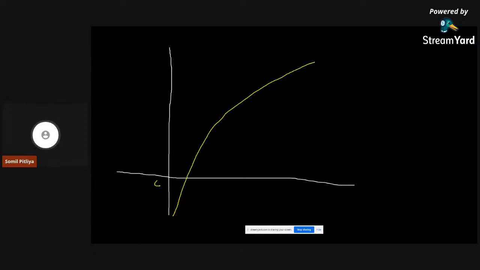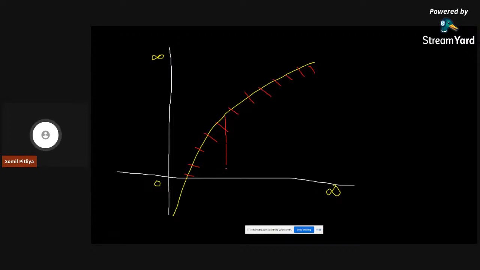I'm talking about 0 to infinity, because that's my domain, because ln of a negative is not defined. So I'm talking about this part. You can clearly say that this part is constantly increasing.